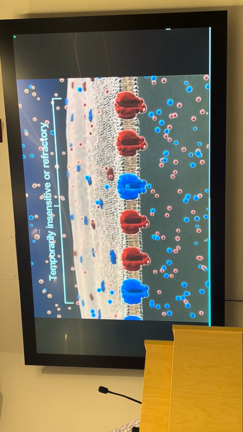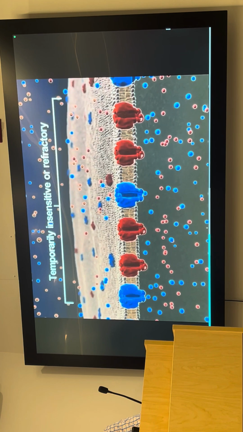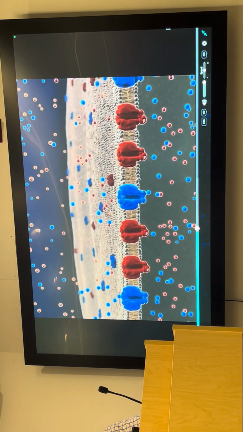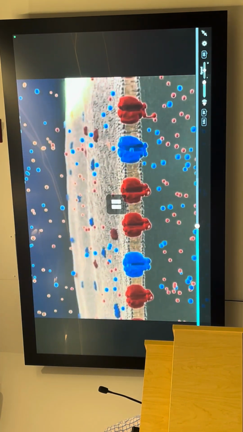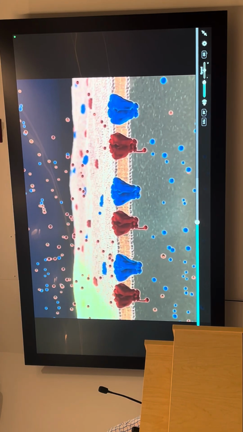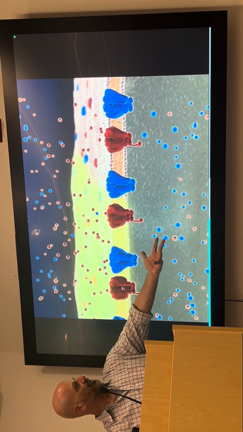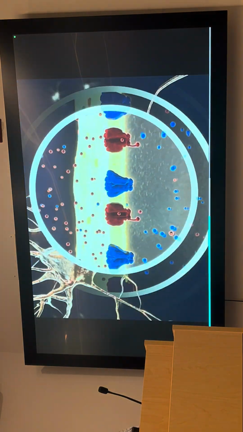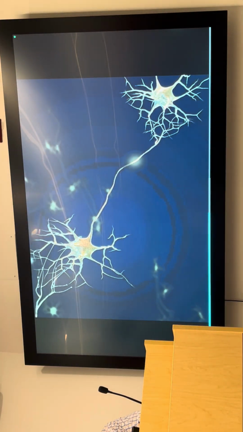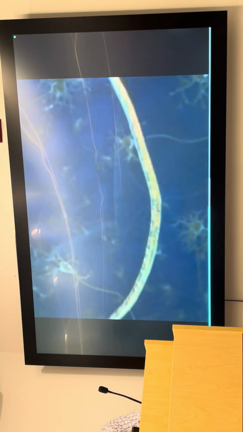These two events render this segment of the axon temporarily insensitive, or refractory, to another depolarizing stimulus. We're in that negative 90 zone right now. However, voltage-gated sodium channels in the downstream segment, just ahead of the action potential, are closed, and it's still negative 70, receptive to a depolarizing stimulus. Thus, propagation occurs sequentially down the axon to the axon terminals.